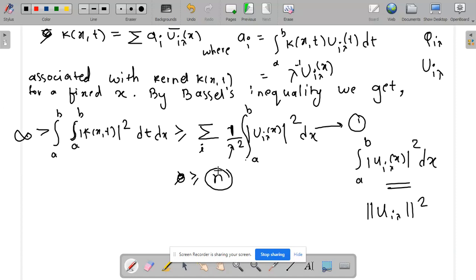That tells us that this n is also finite, and hence we have proved that there are only finitely many eigenfunctions which will be linearly independent.